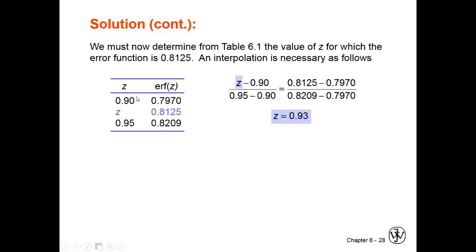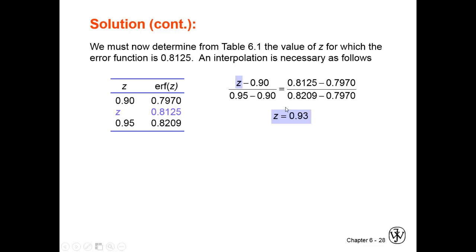The ratio of the difference between these two and the difference between the top and the bottom must be equal to the ratio of the difference between these two and the difference of these two from top to bottom. So we take the difference here and the difference here, we set it equal to the difference here and the difference here, and we can find our z value.